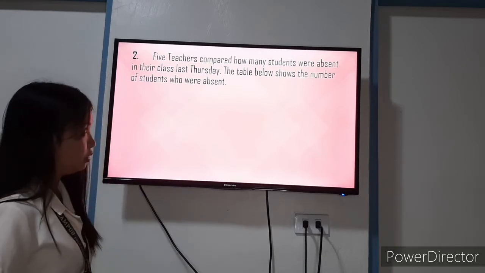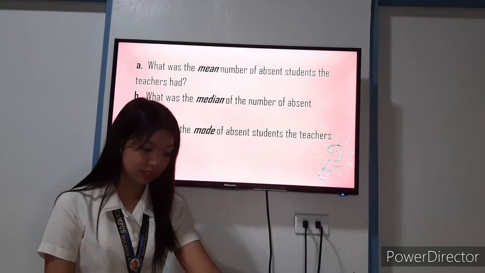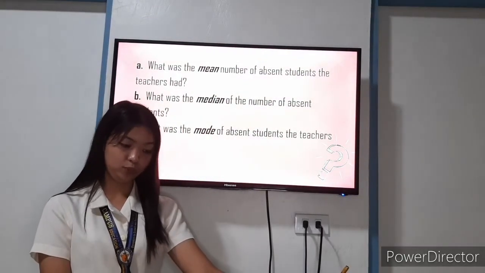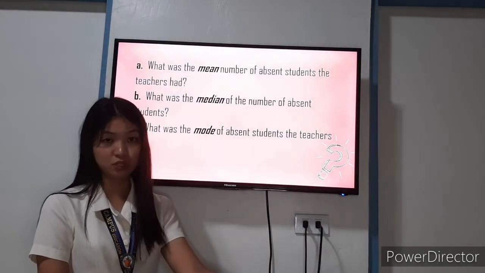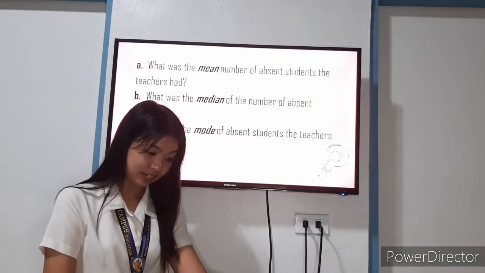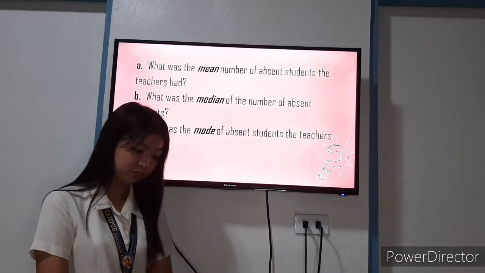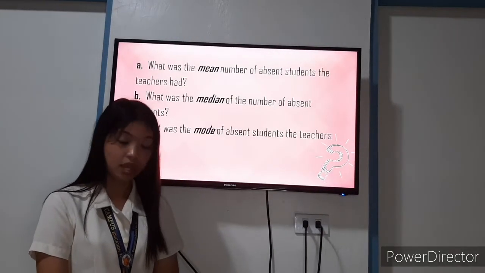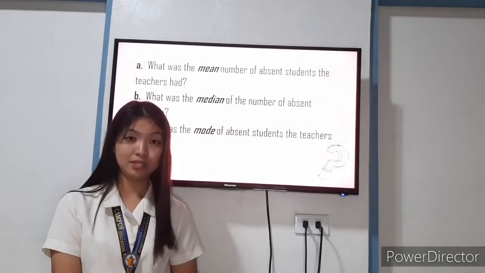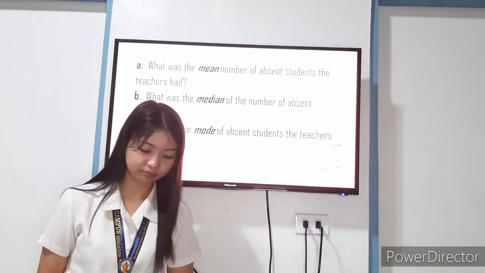So we need to find out the 3 measures of central tendency, which are the mean, median, and mode. The mean is the average number of absent students that each teacher had. The next one is the median of the number of students, and the mode. I will give you 20 minutes to answer this question and we'll answer it on the board.